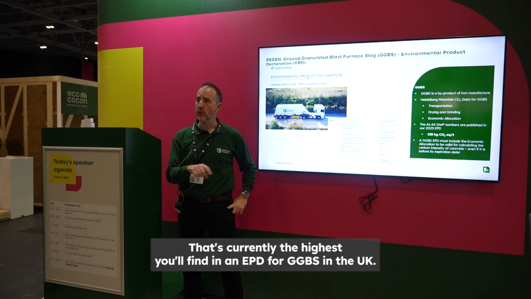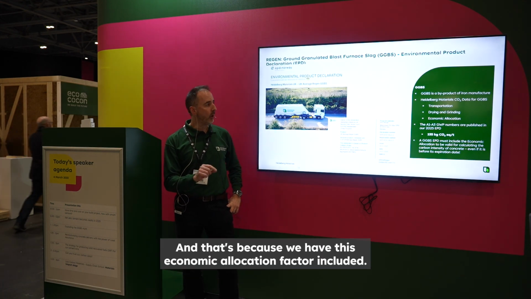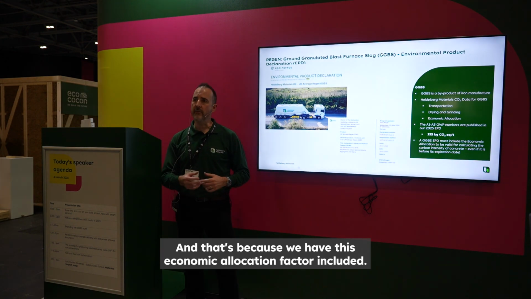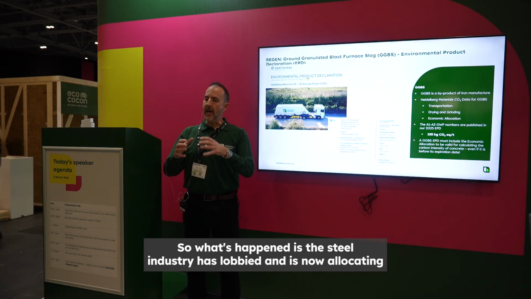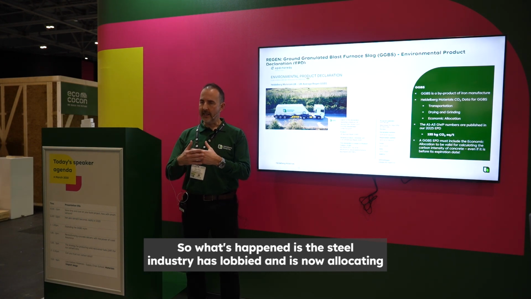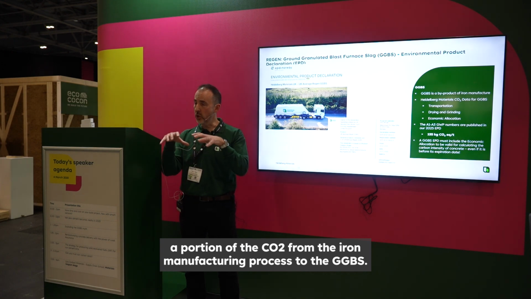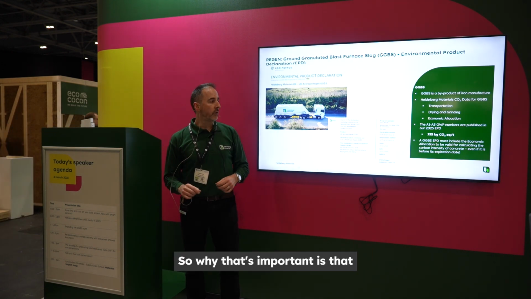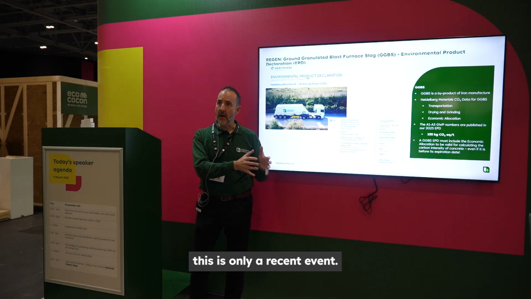That's currently the highest you'll find in an EPD for GGBS in the UK, and that's because we have this economic allocation factor included. What's happened is the steel industry has lobbied and is now allocating a portion of the CO2 from the iron manufacturing process to the GGBS. Why that's important is that this is only a recent event.